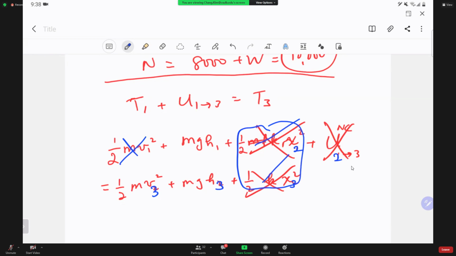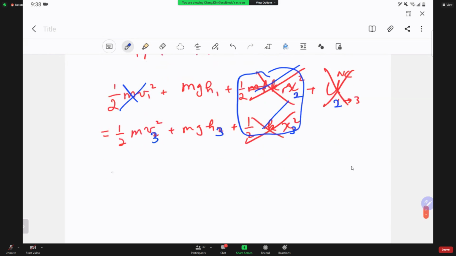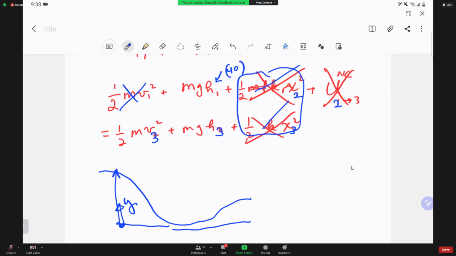Now I'm going to use this as my y. So this guy is 40, measured from here to here, and the height at this position, measured from here to here, was given as 15, I believe. Yeah, 15.